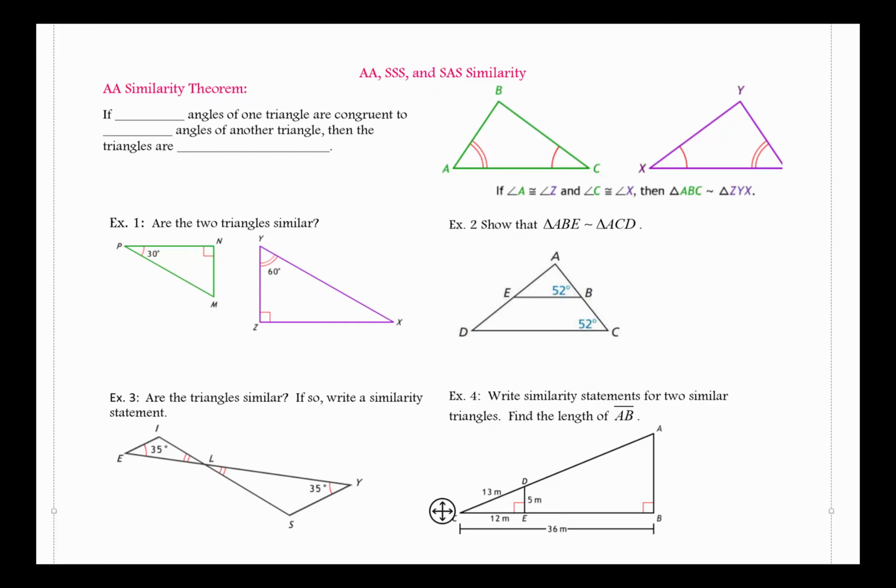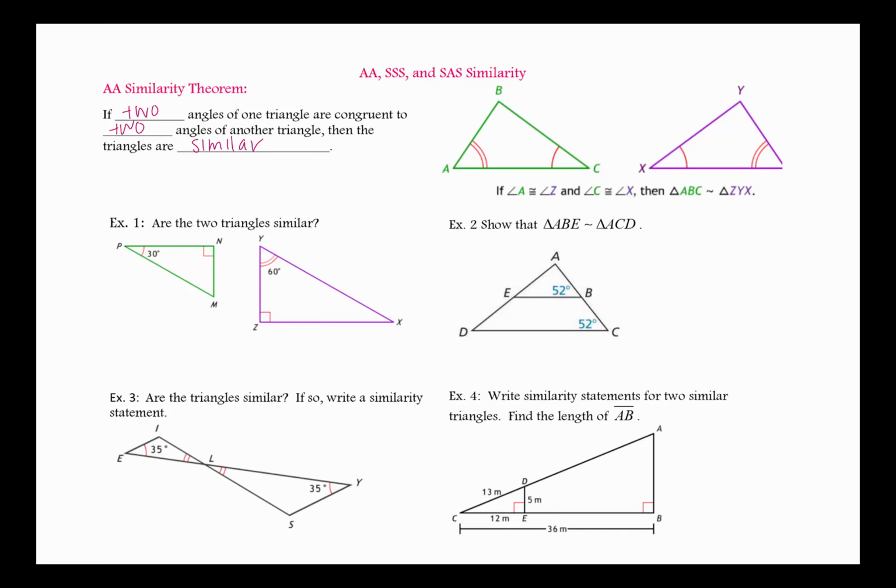So for the first one, AA similarity theorem. If we have two angles of one triangle congruent to two angles of another triangle, then the two triangles are going to be similar. And they're not going to be congruent, they are going to be similar.